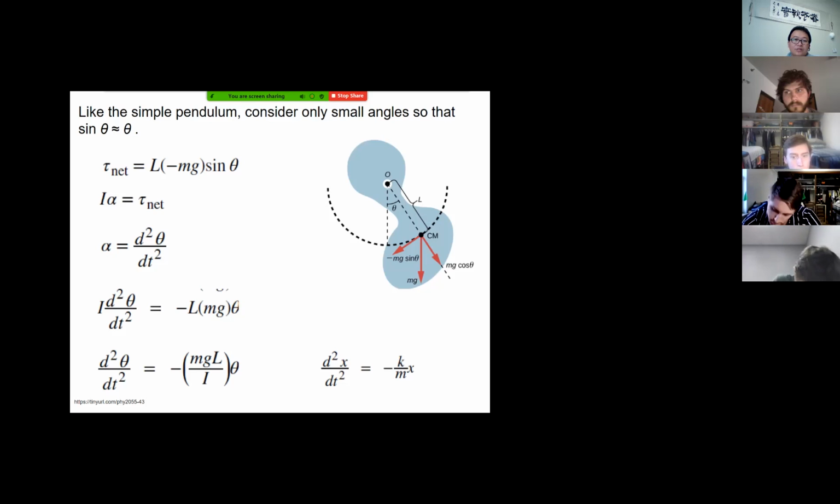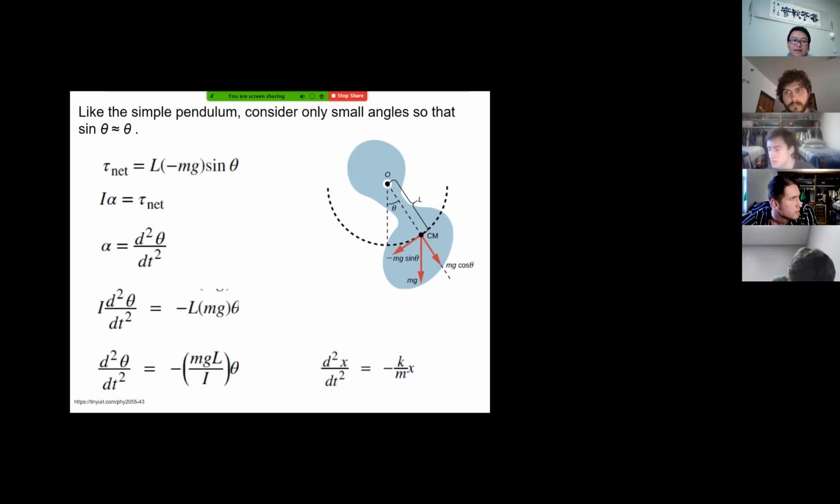That should equal the net torque, which can be replaced with this expression over here, minus L mg times sine theta. Now we'll take the small angle approximation here, so sine theta can be replaced just by theta. So it's minus L mg theta.